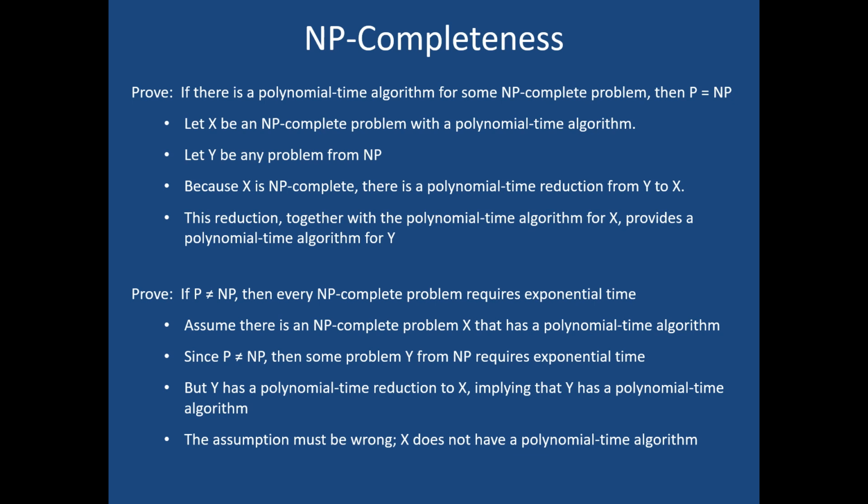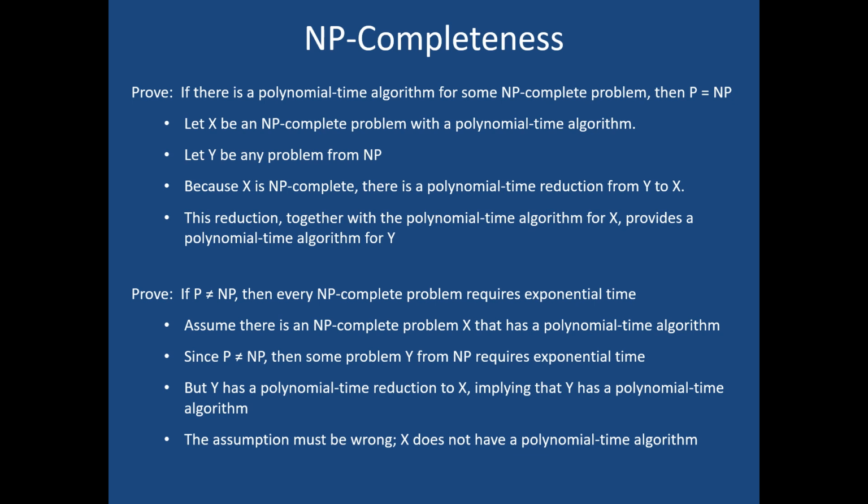But this problem Y has to reduce in polynomial time to X because X is NP complete. Through that reduction, you could obtain a polynomial time algorithm for Y, which is a contradiction because we assumed it was exponential. So our assumption that X has a polynomial time algorithm is wrong.